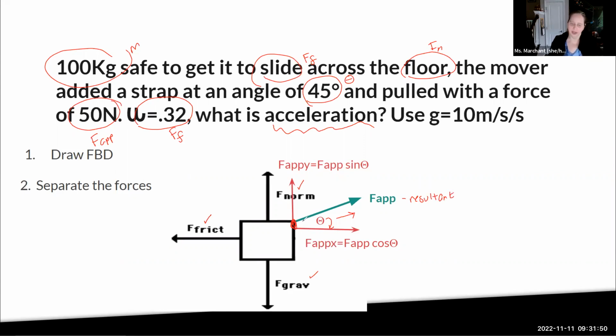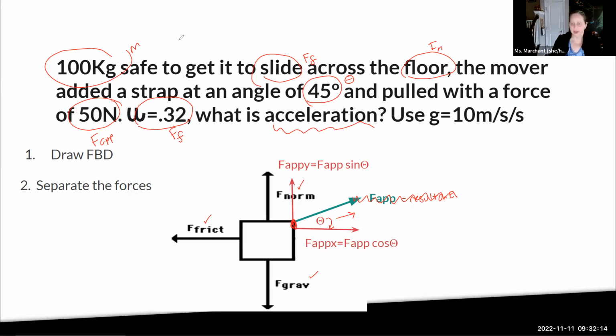But while you're getting used to using your SOHCAHTOA, totally you can leave it in the triangular form so that you don't mess up your sines and cosines. So now we have our force applied in both directions, so we do not need to use that now for our free body diagram. Time to set up our equations.